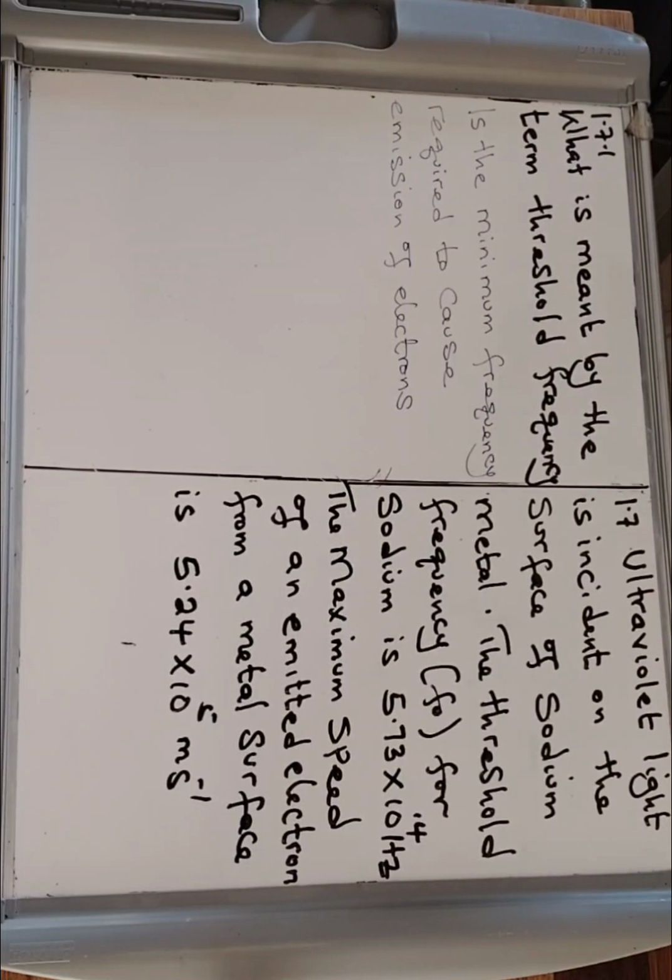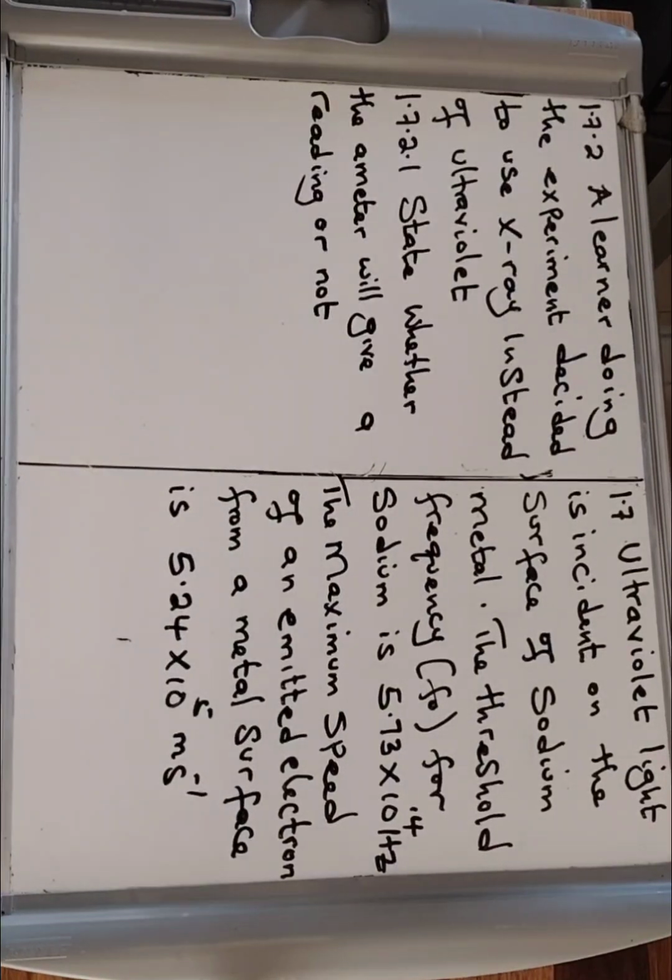Now we go to the next question. So we are having another question on the same setup. The question says that a learner doing the experiment decided to use X-ray instead of ultraviolet light.